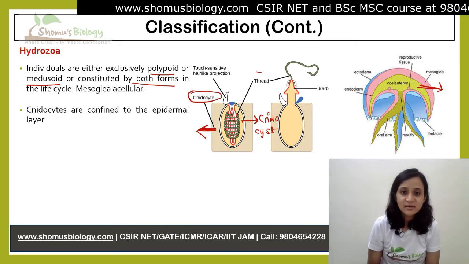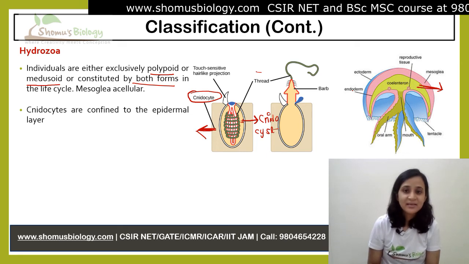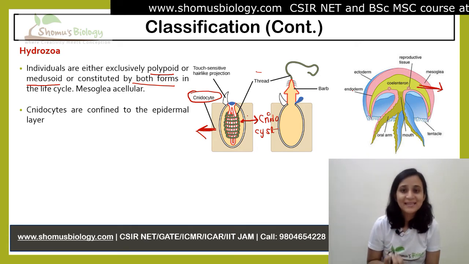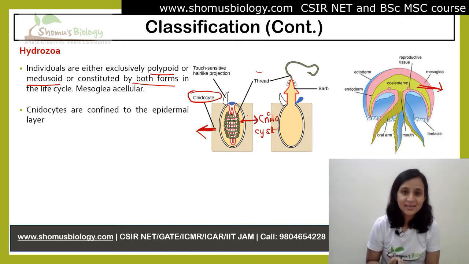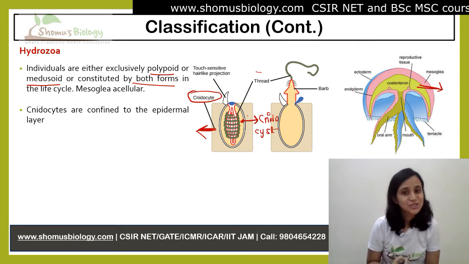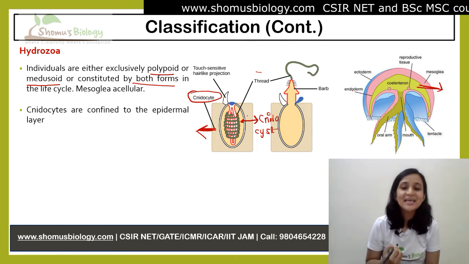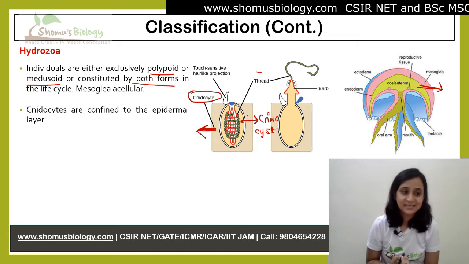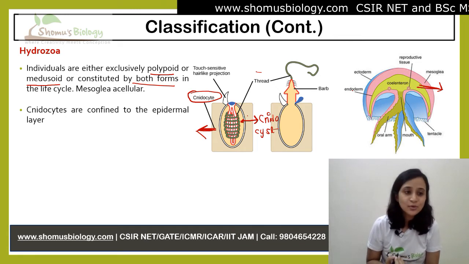This is the giant secretory organelle, the cnidocyst. So the cnidocyte contains this giant secretory organelle, right? So what does it do?